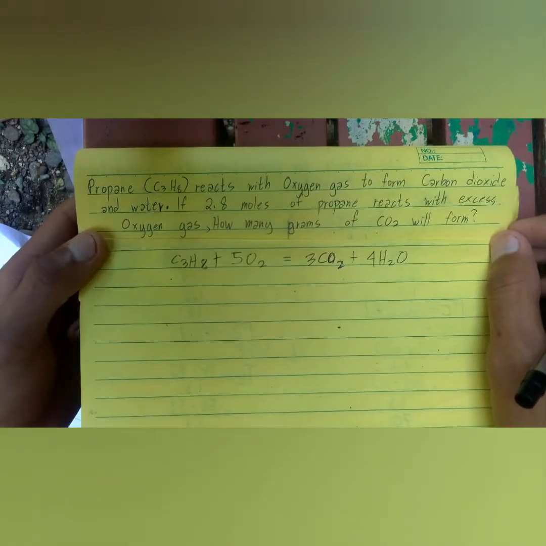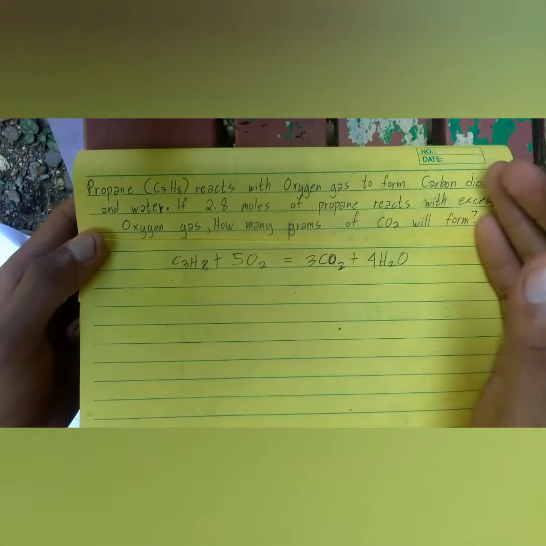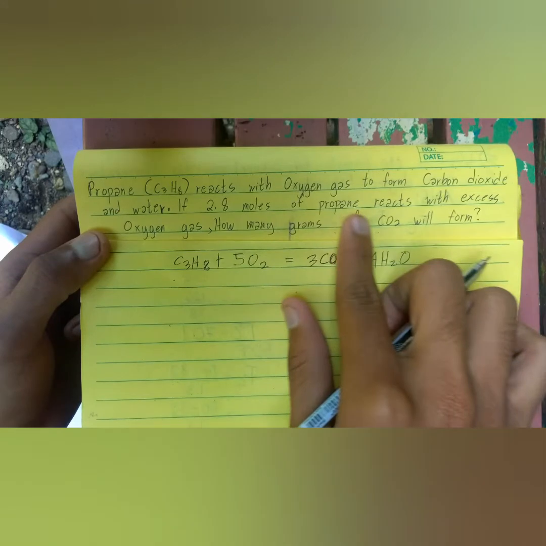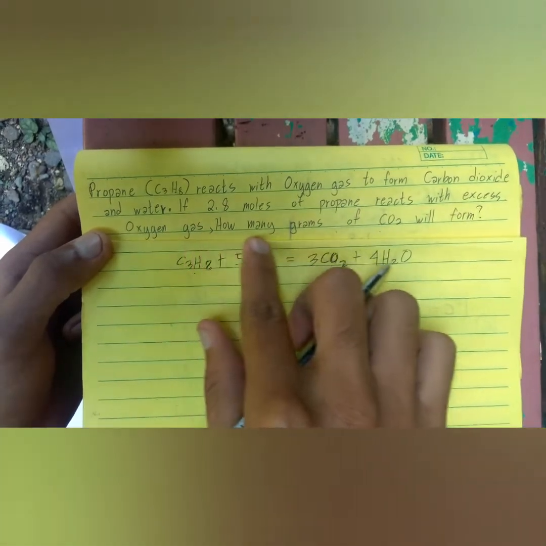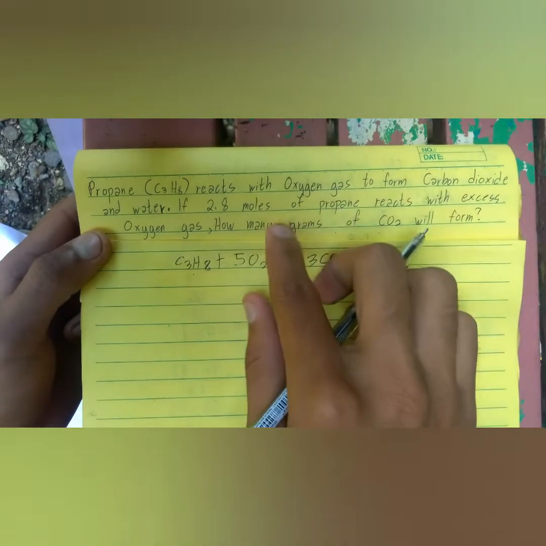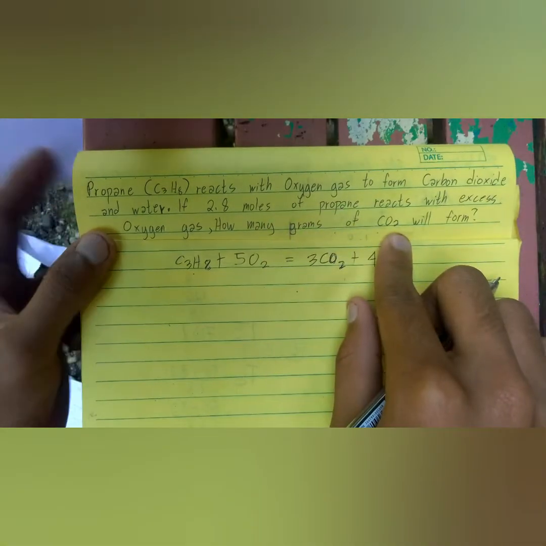Now, before solving, we must understand what the problem is asking. If 2.8 moles of propane reacts with excess oxygen, how many grams of CO2 will form? So, it is asking for the grams of carbon dioxide.